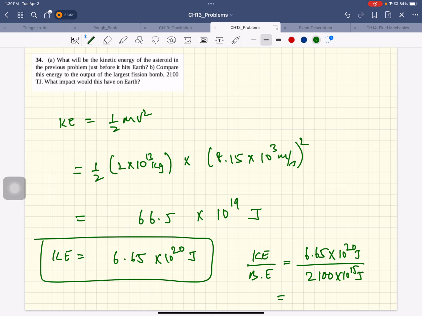A terajoule is a trillion joules. So it's 10 to the 12.